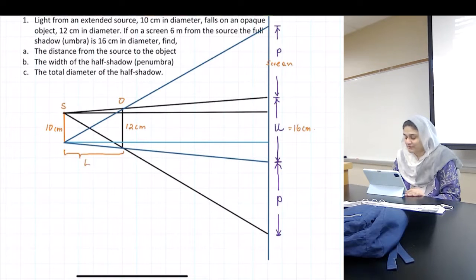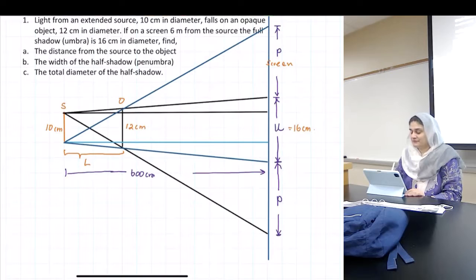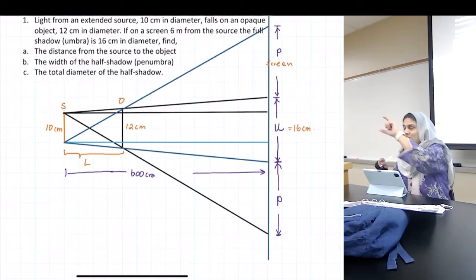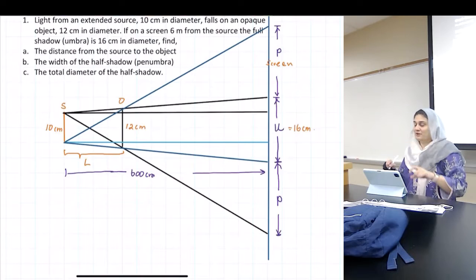I'm going to call it L. I know this total distance from here to here is 600 centimeters because that's what's given. Now we're going to look at the ratios. So our source is 10 centimeters, our object is 12, and our umbra is 16. Do you see our ratio sort of developing? It's just getting bigger, right?